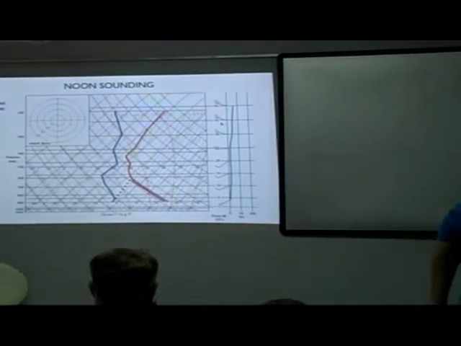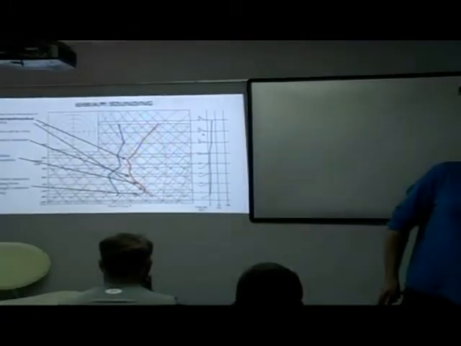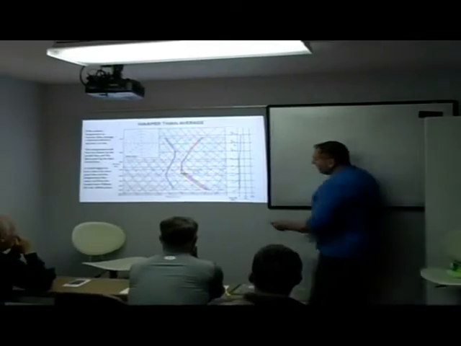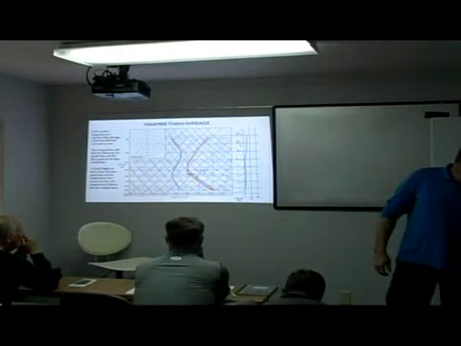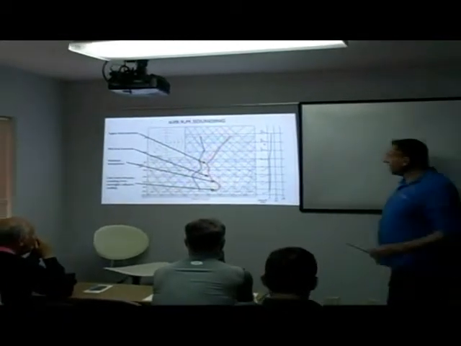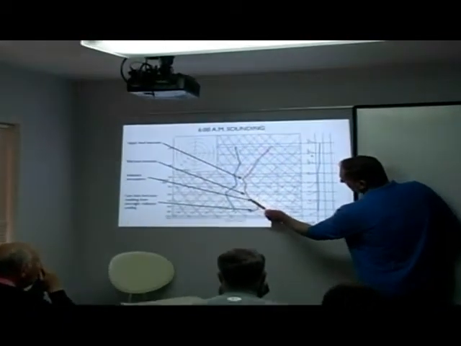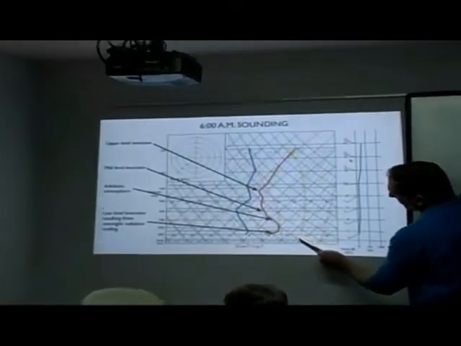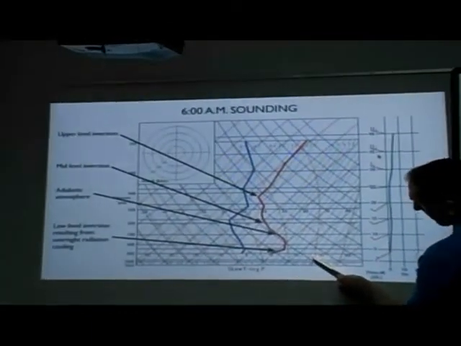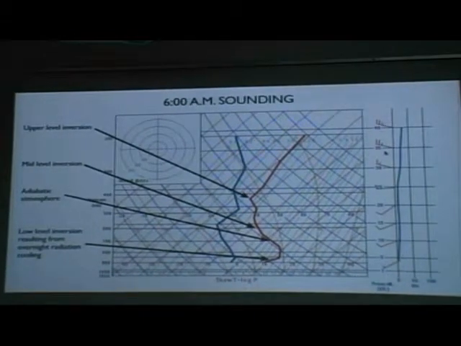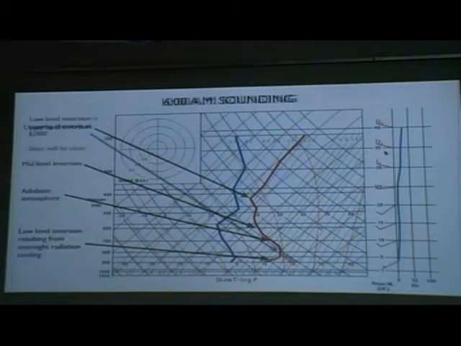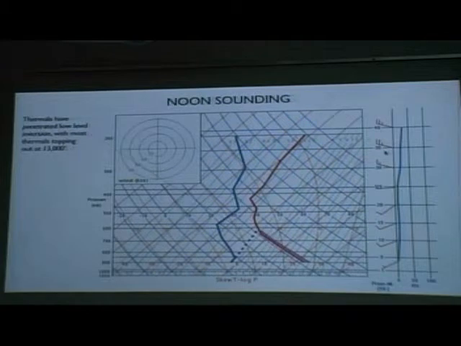If I saw this sounding in the morning, then I could just draw this adiabat down here and say, yeah, 24, 25 is when it's going to suddenly go up to there. And that would be if I was going to predict a trigger temperature, that would be it. And that would be when I would look at the actual temperature to know when to go flying.